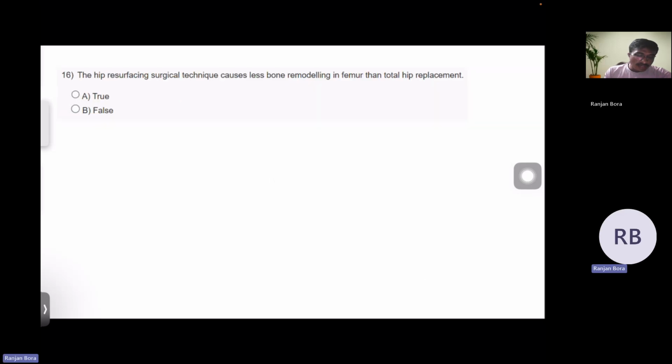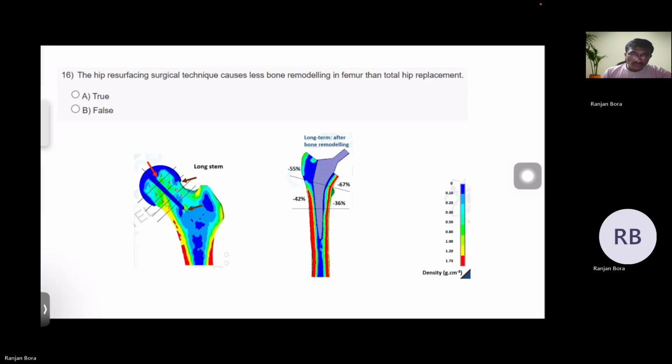Next question is, the hip resurfacing surgical technique causes less bone remodeling in the femur than total hip replacement. So here we can see two types of implants which are used in the femur.